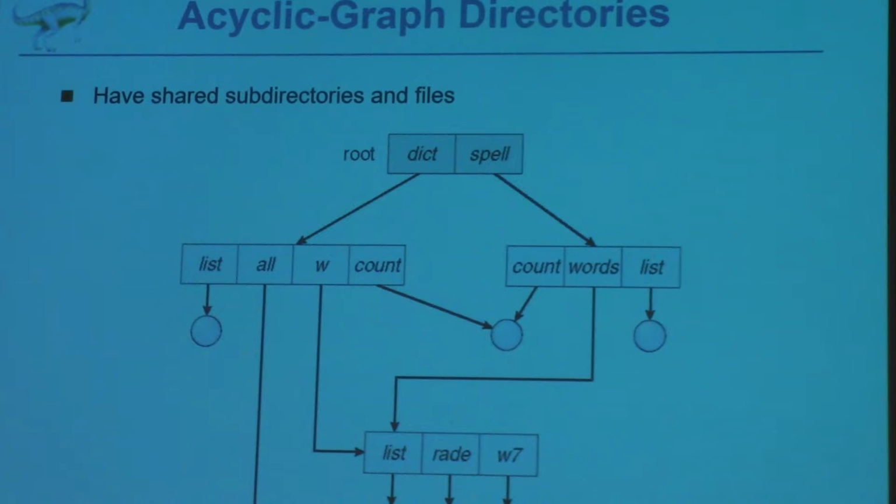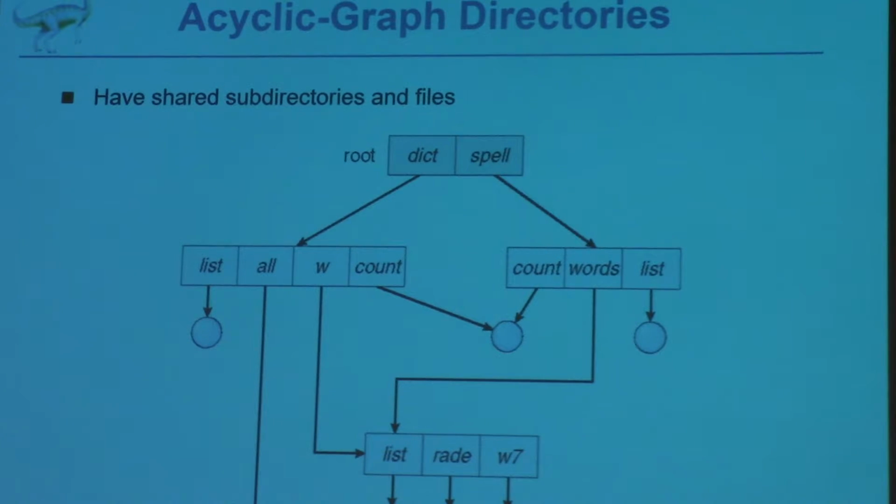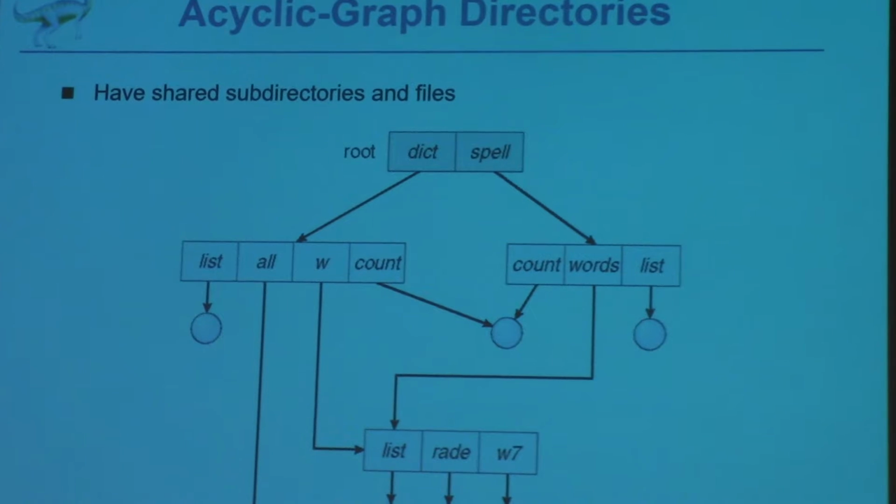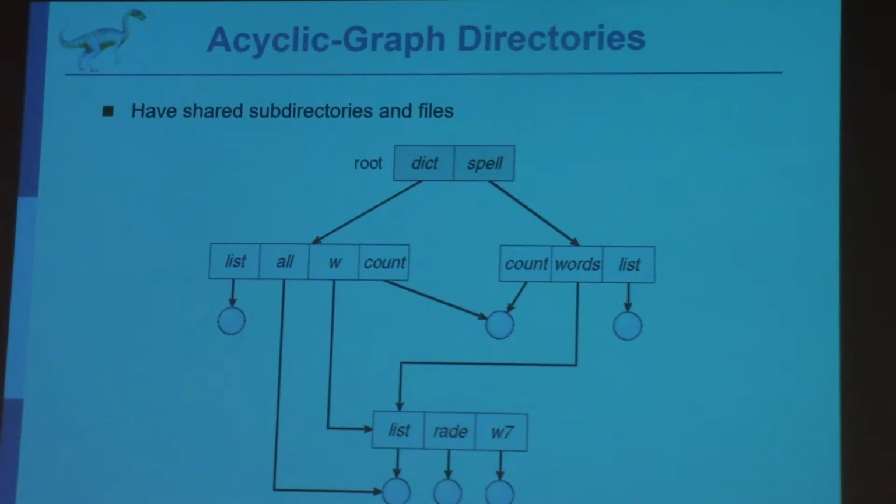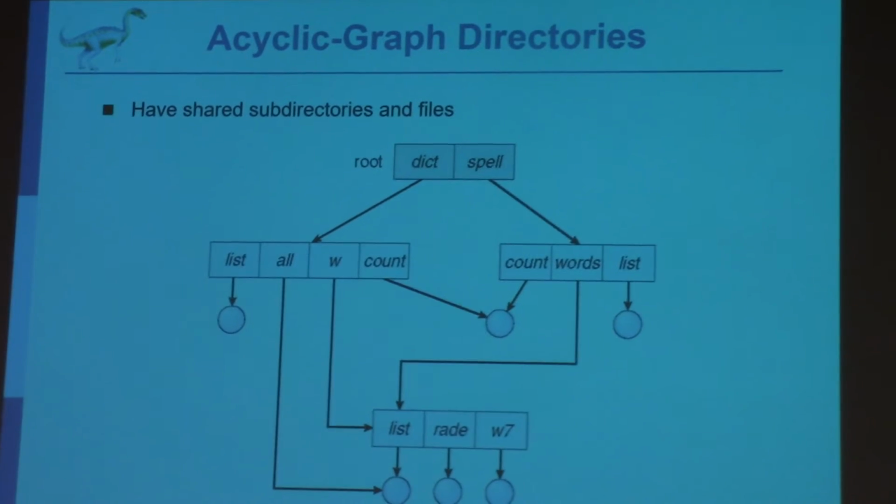They are the children from the different parent nodes. So you can share. However, here we do not allow this directory to point to one of the parents, because in that case it will cause circular pointing. So it's acyclic, no circular pointing in the graph structure.